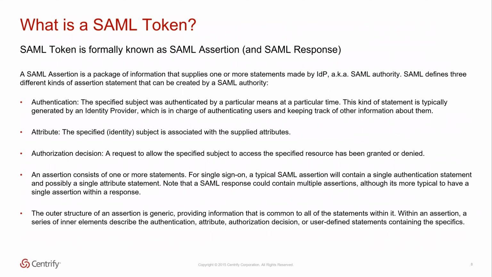If the service provider needs some supplementary information, it will be sent out in SAML attributes from the IDP. The service provider is supposed to tell the identity provider what attributes it is expecting, and then the identity provider is supposed to follow it and send that information out.